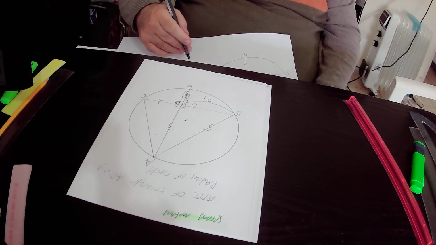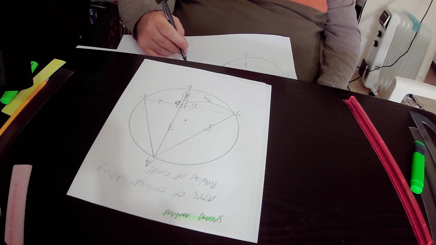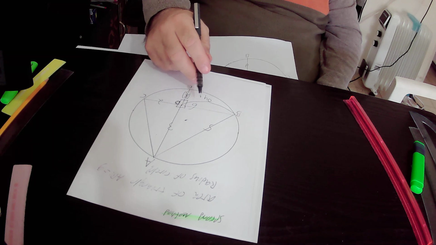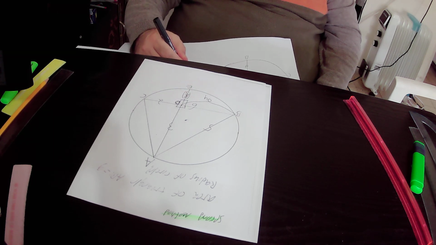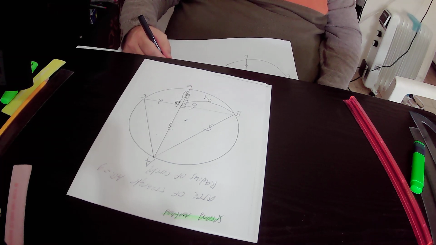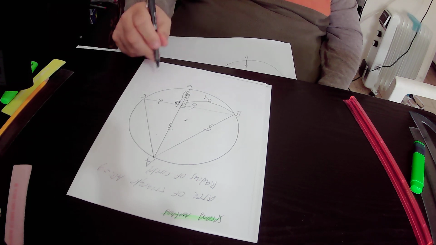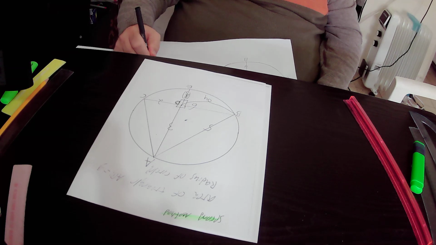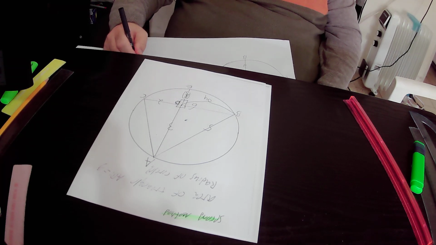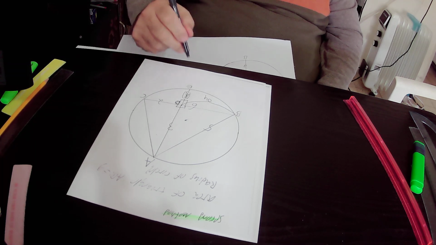According to rule number 2, 4 times R squared, where R is the radius of this circle, equals BD squared plus DC squared plus AD squared plus DE squared.